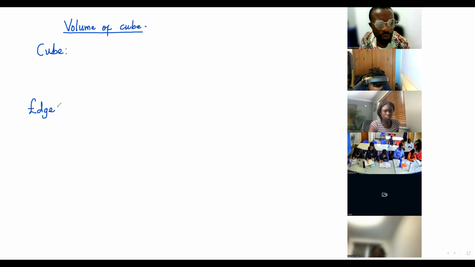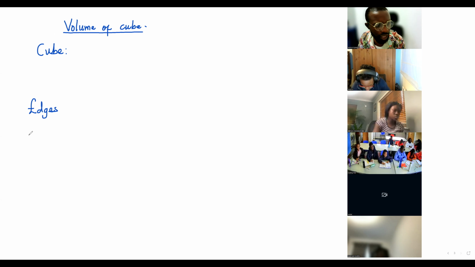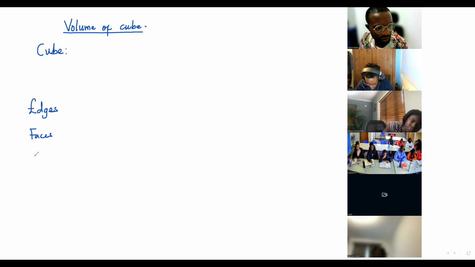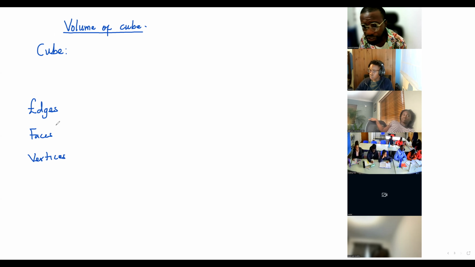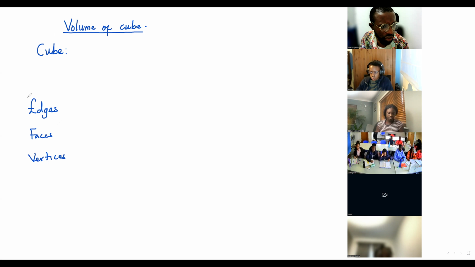Edges. How many edges has a cube? How many sides? Oh, the sides and the edges are the same thing. How many faces? And how many vertices has a cube? Edges, faces, and vertices. So let's do a quick sketch of a cube.